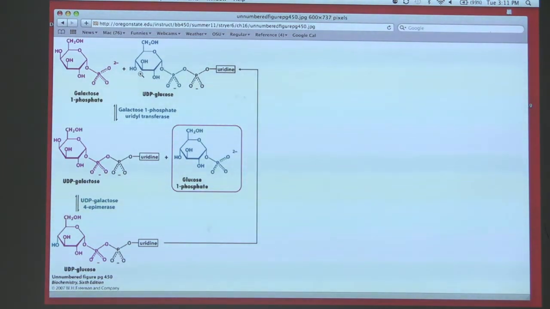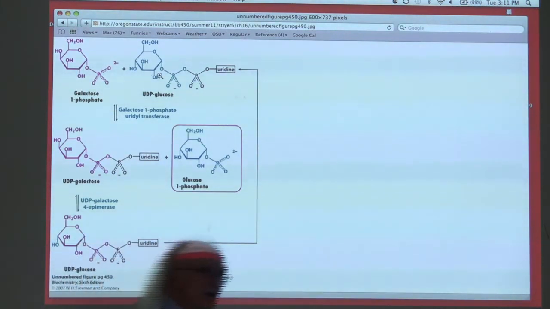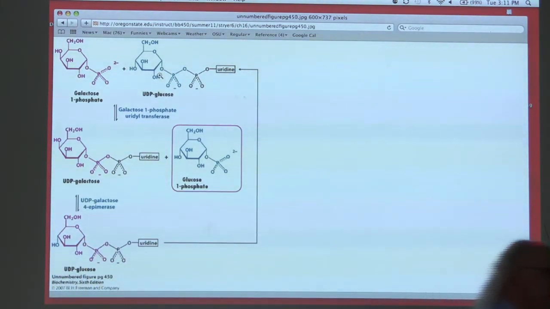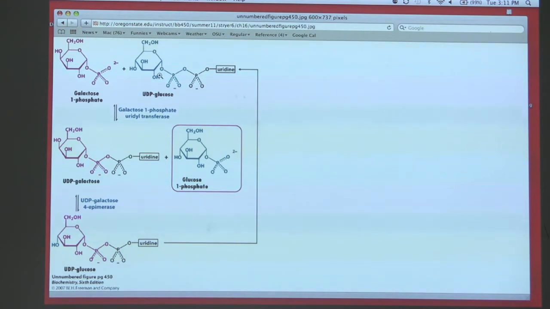The cell starts the process with two things. One is galactose 1-phosphate that we just made in the previous reaction, and the other is UDP glucose. I've briefly mentioned UDP glucose and told you that UDP glucose is an important substrate for making glycogen. It's also an important substrate for conversion of galactose. Well, how does galactose get converted? It gets converted in the following way.